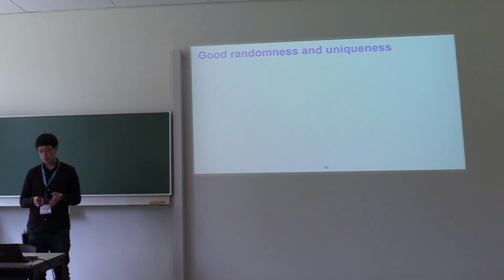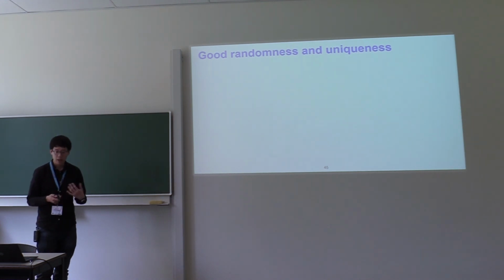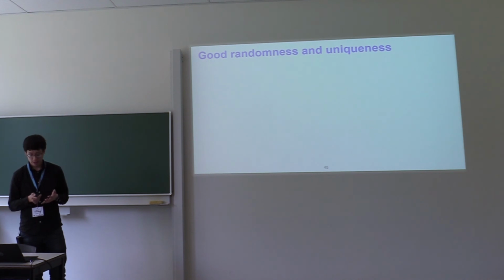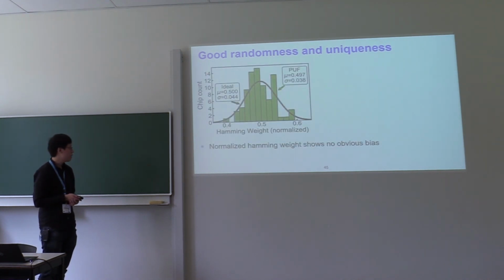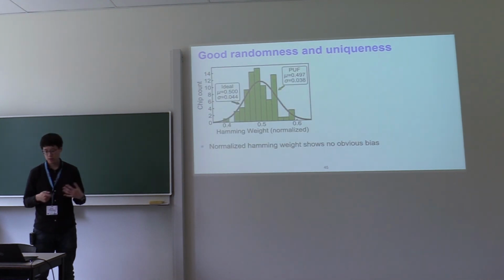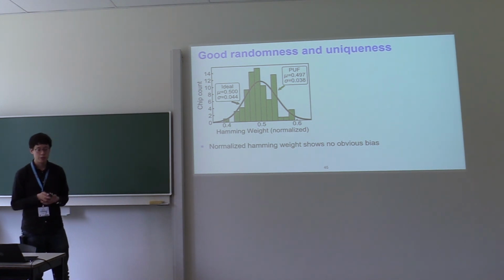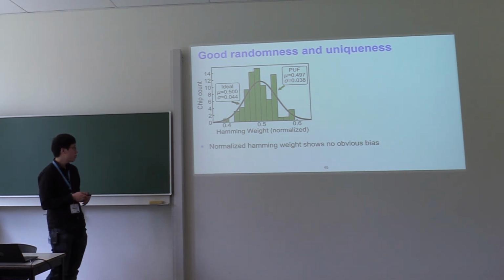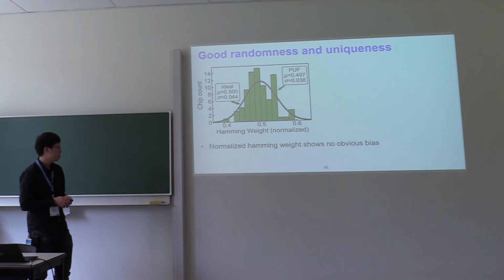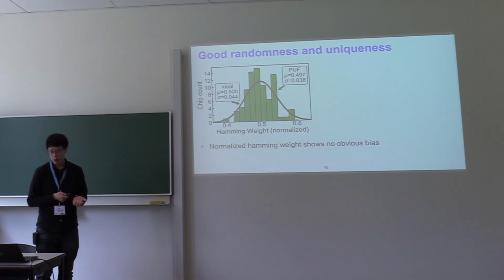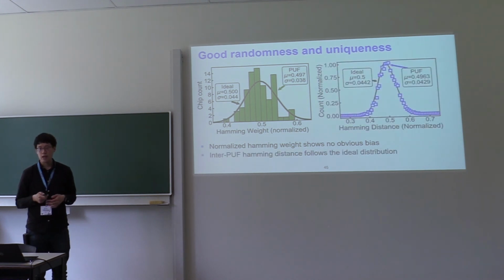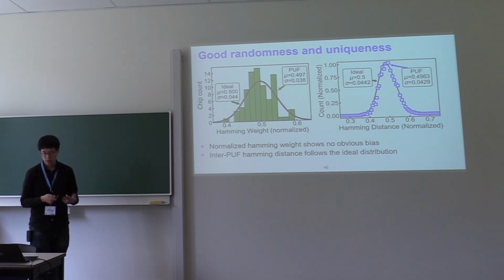The last part is just to show how unique the PUFs are. Here it shows the Hamming weight of each device. It also needs to follow the ideal binomial distribution, and it shows mostly in this region, and also shows no bias. And the Hamming distance also follows the ideal binomial distribution, so the PUF is unique.